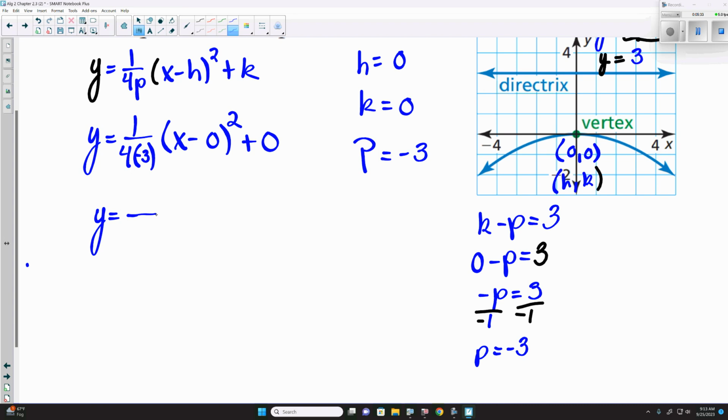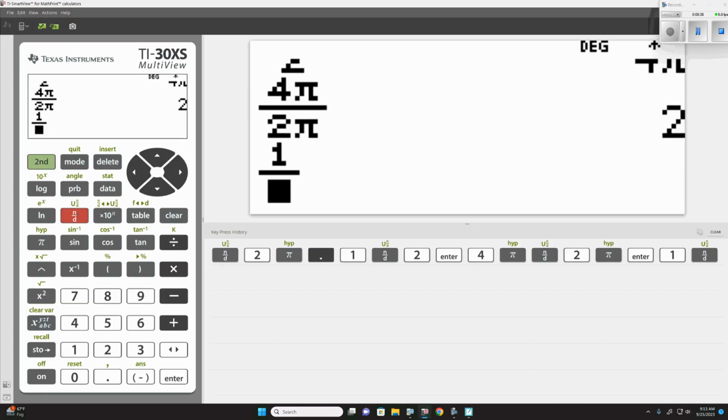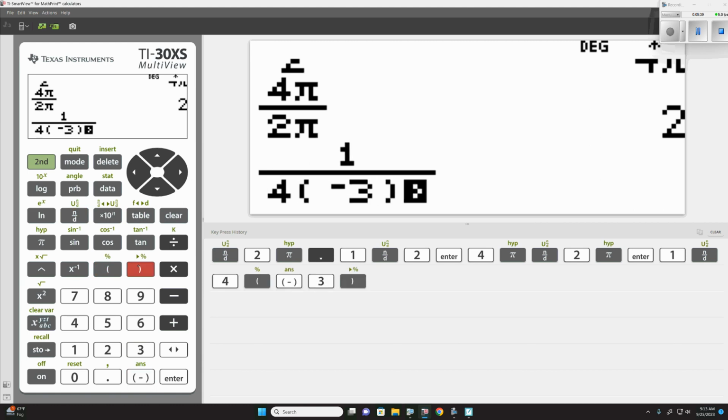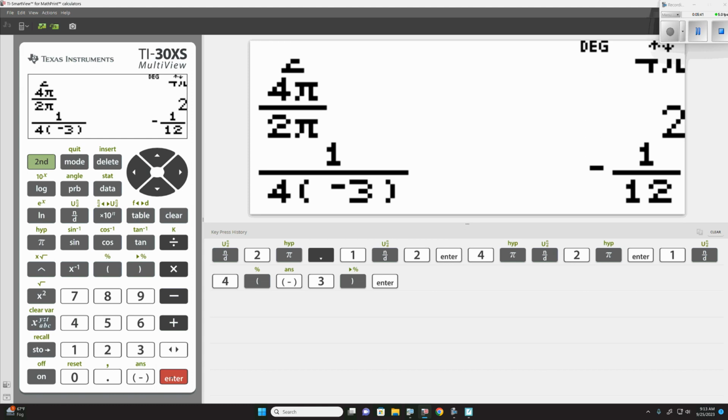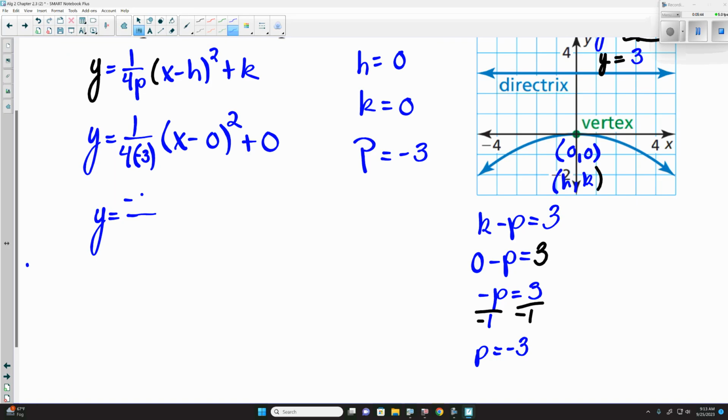Now the 1 over 4 times negative 3, we could simplify that in a calculator, which is negative 1/12. X minus 0, well, that's just the same as just having x, yes?